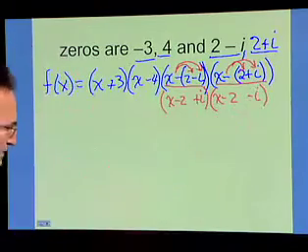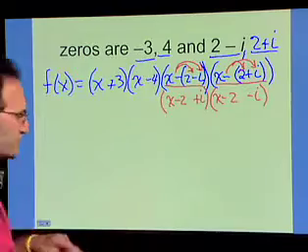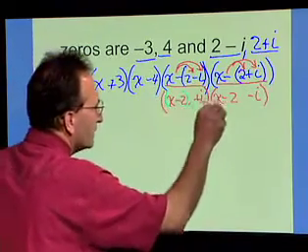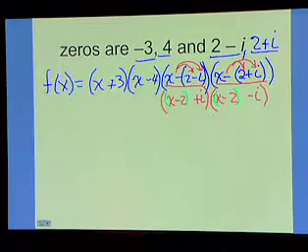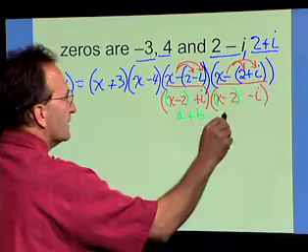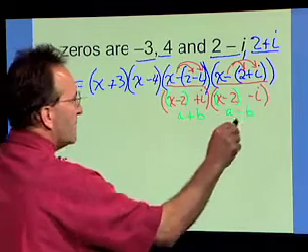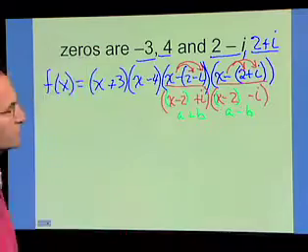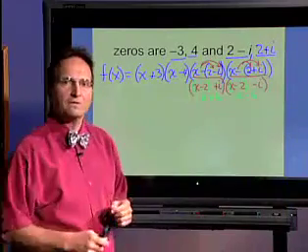And what I want to point out is that if I put parentheses around this x minus 2 and this x minus 2, you can see that this is like a plus b times a minus b. In other words, we have the difference of two squares. I'll let you multiply that out.